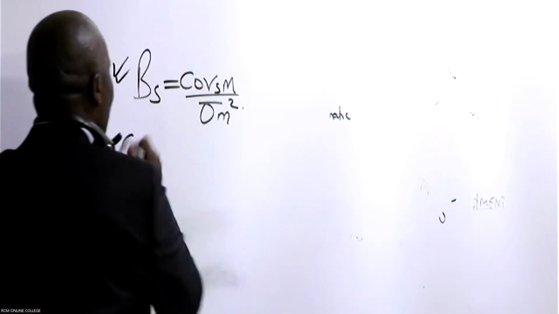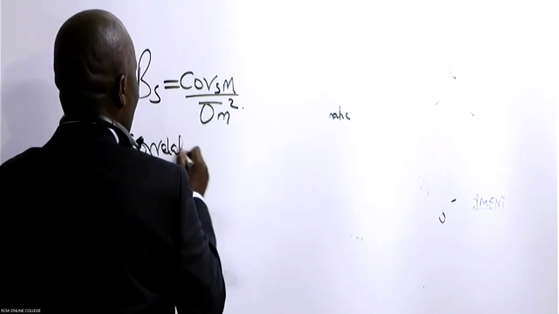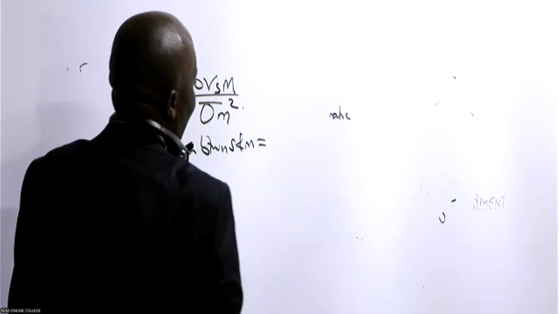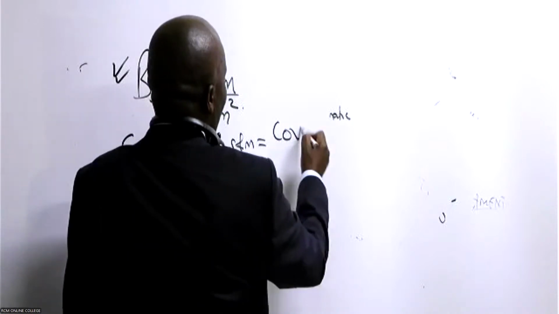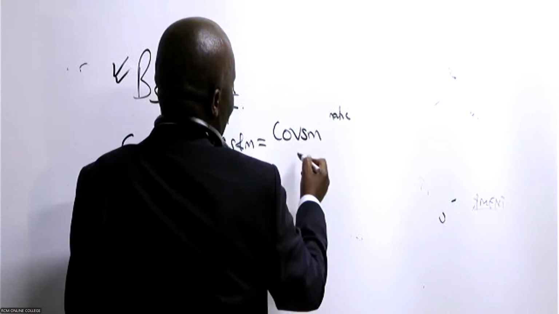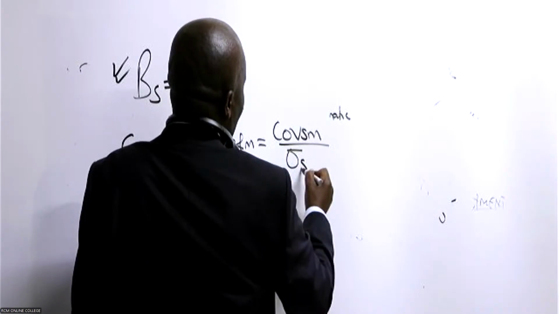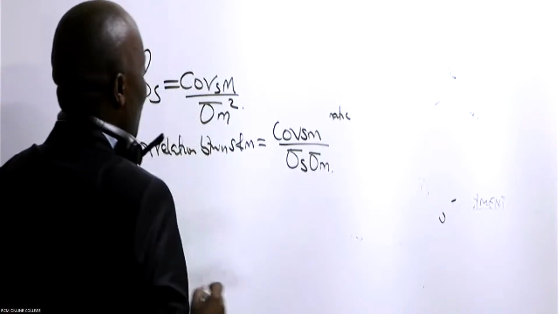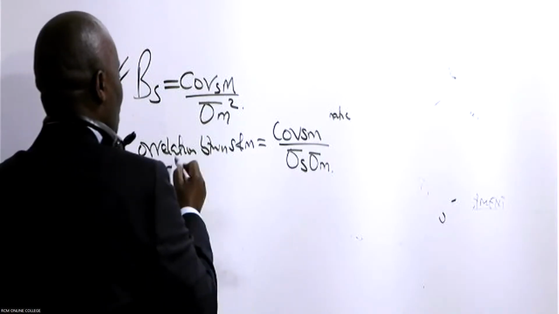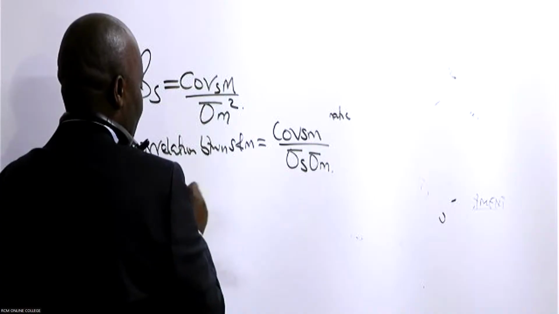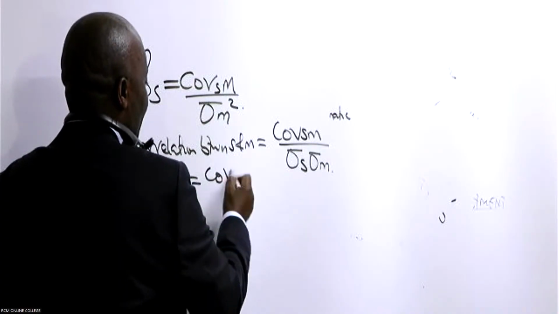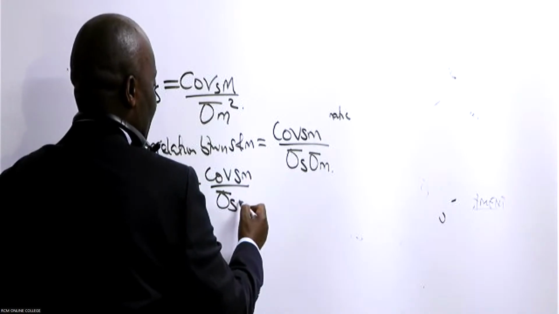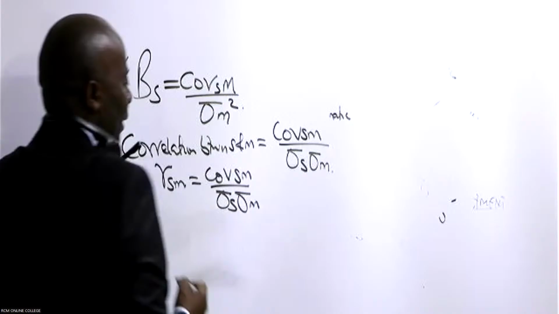If they want us to give them the correlation between S and M, we shall take covariance between S and M divided by standard deviation of S times standard deviation of M. So please write like that. If they want us to give them correlation, it will be abbreviated like this, SM: covariance SM divided by standard deviation of S, standard deviation of M.